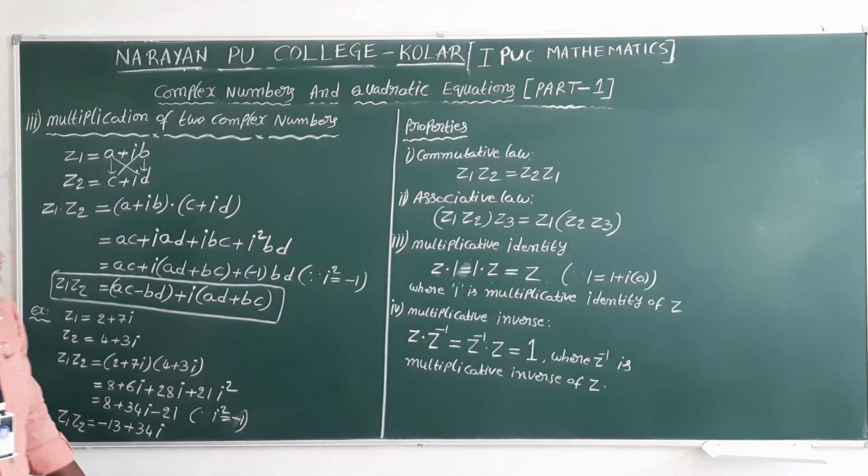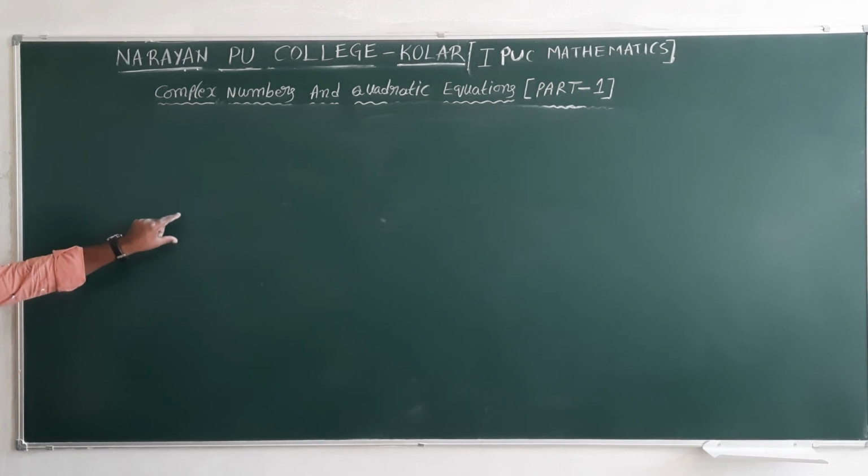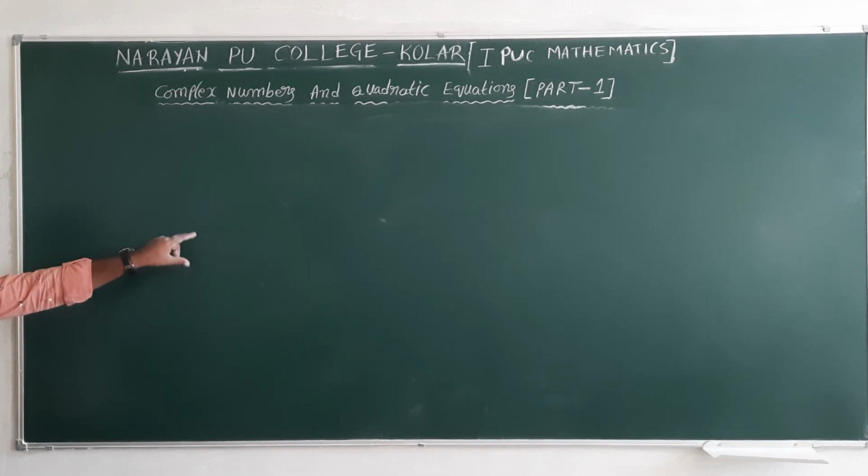Multiplicative inverse is z into z inverse equal to z inverse into z equal to 1.